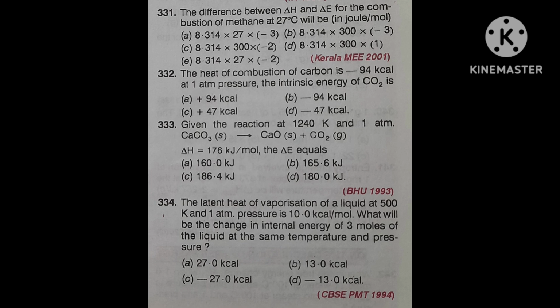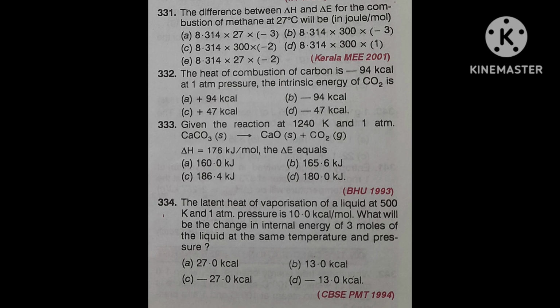There will be a change in formula because you have to calculate delta E. Then delta H is equal to delta E plus NGRT, so delta E is equal to delta H minus NGRT. And then you put all the values, N value, R value, T value.